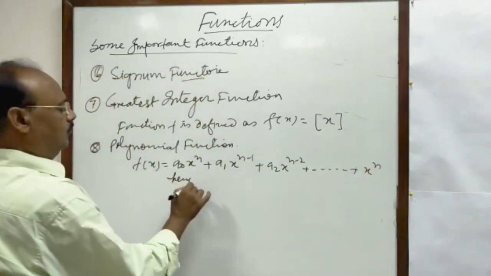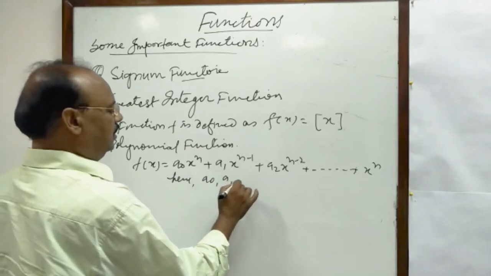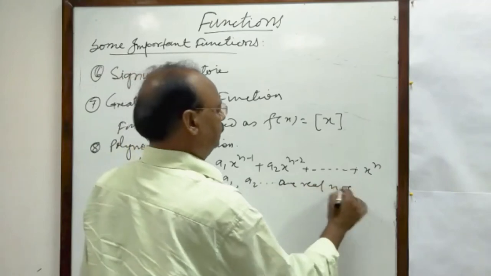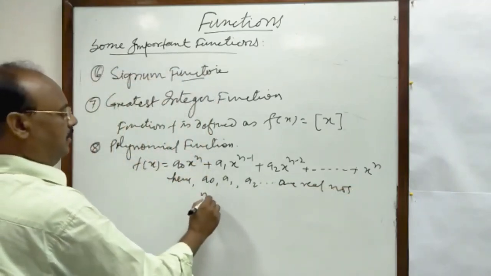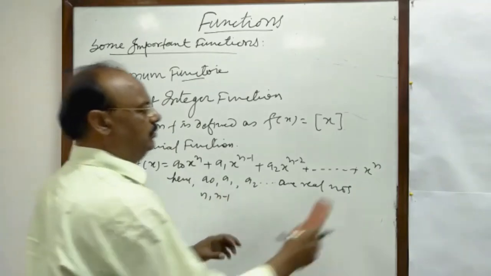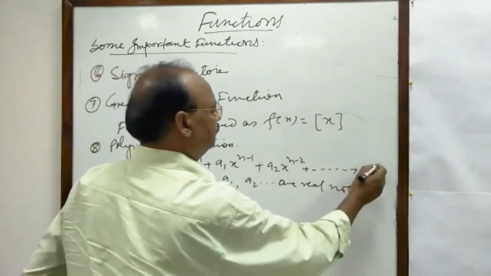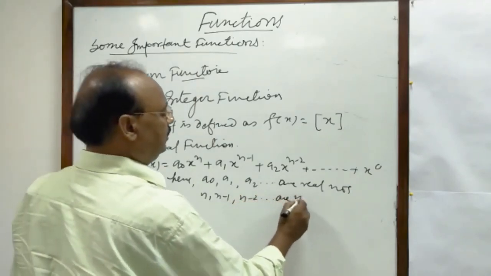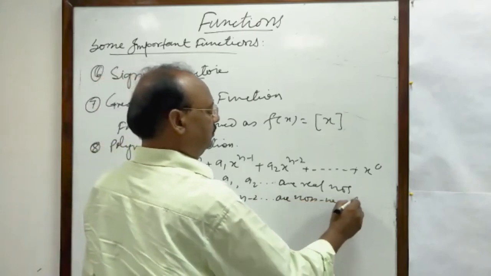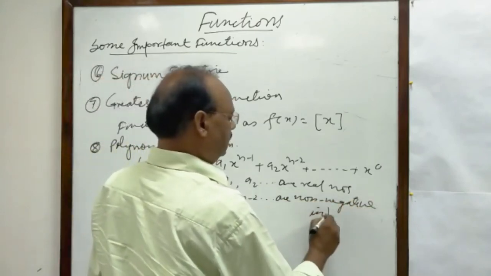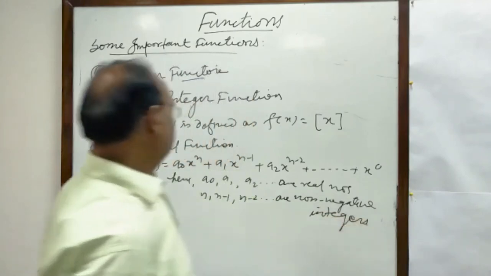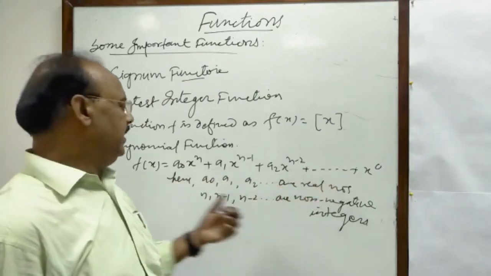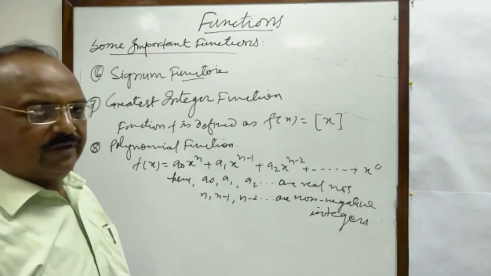Here a0, a1, a2 are real numbers, and the powers n, n minus 1, n minus 2, etc. are non-negative integers. In fact, here f(x) is equal to this right hand side, which is a polynomial. That's why this function is known as a polynomial function.